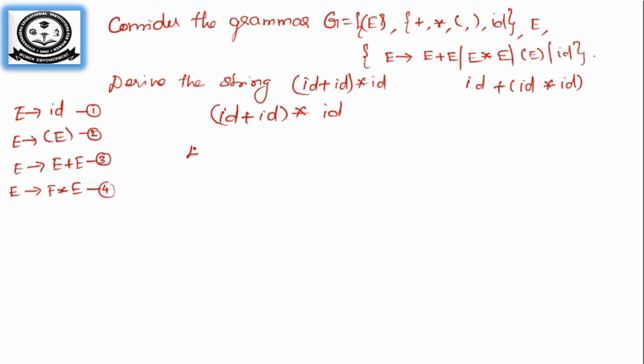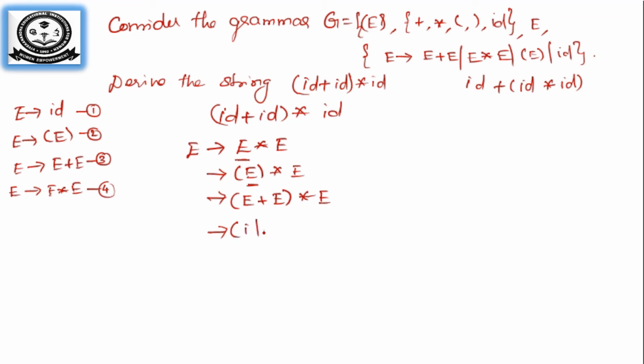So let us start with E. I am going to start. Let me take E star E first. Then I take open bracket E, so only for this E am I substituting. Then in that I can take E plus E star E. I am doing this in this fashion. Then you can have ID for the first E, then you can have the next ID for that, ID star E, then you can substitute the final ID also.